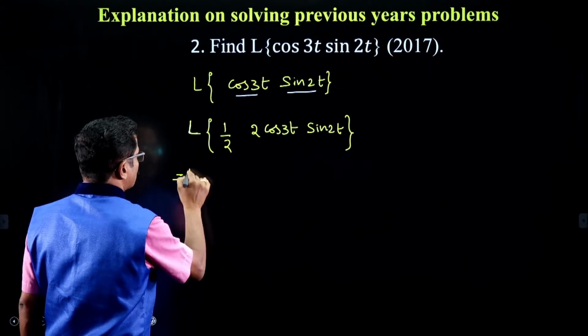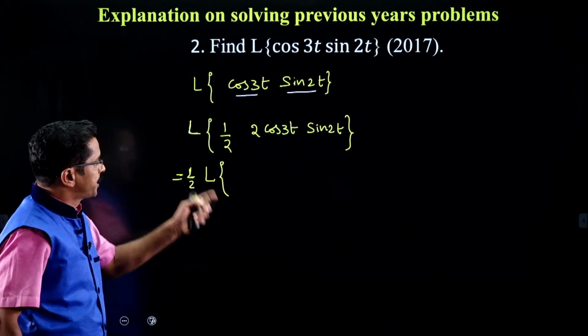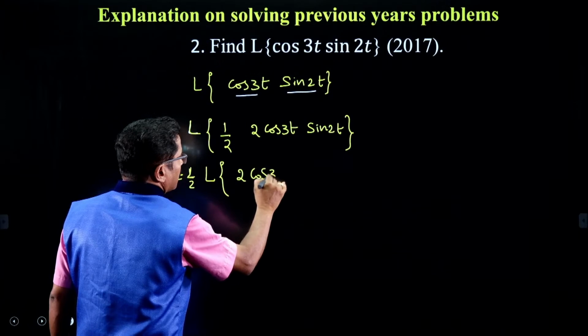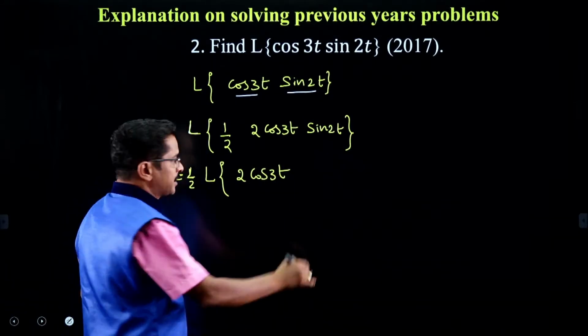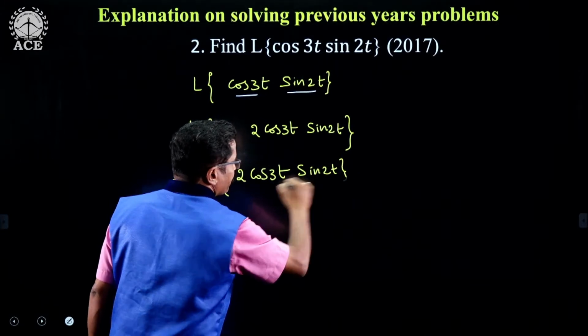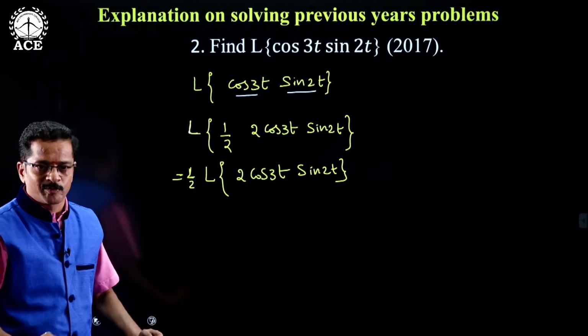L of means 1 by 2 into L of 2 cos 3t into sin 2t. Now we reduce into addition format or subtraction format.